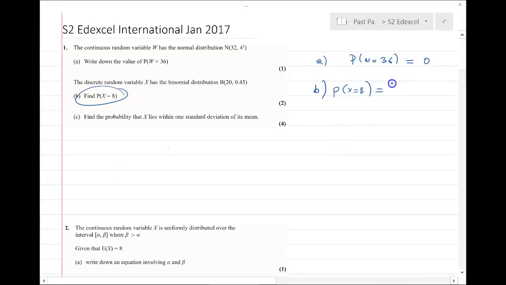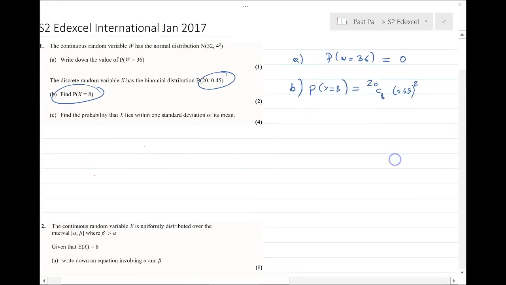That's 20C8 times the probability of 8 occurrences times the probability of it not occurring 12 times, because there's 20 occurrences in total. That gives an answer of 0.162 to 3 significant figures. Always give at least 3 significant figures in exams, certainly in stats exams.